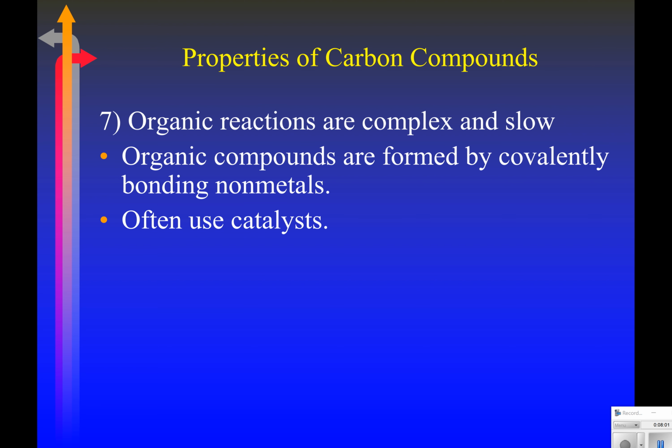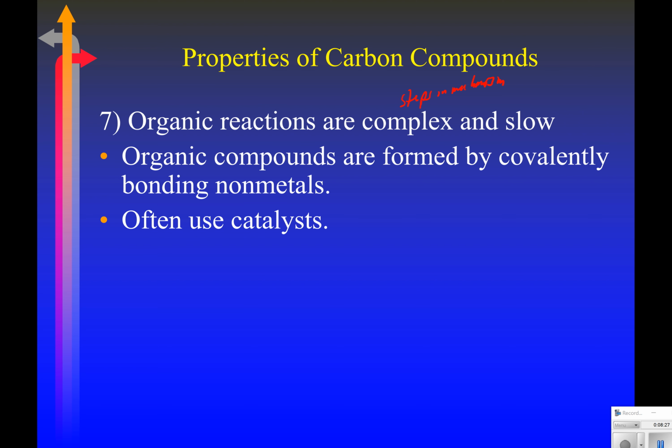Now, most organic reactions have a fair amount of steps in the mechanism that make the reactions complex and slow. So we often have to use catalysts in order to get them up to somewhat of a usable rate in order to use them in things like industry.